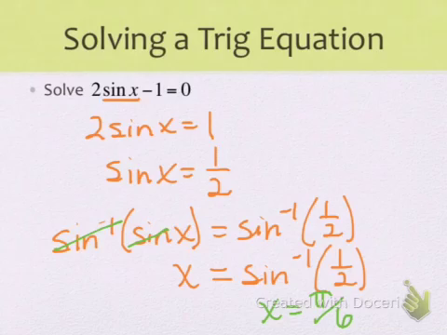So as a function, we only have the first and the fourth quadrant to choose from. Since we're taking the inverse sine of a positive 1/2, we want the angle measure in the first quadrant, and that angle measurement would be pi over 6. So as a function, x would equal pi over 6. And in our calculator, that's the only answer we would get, because the calculator can only deal with functions.